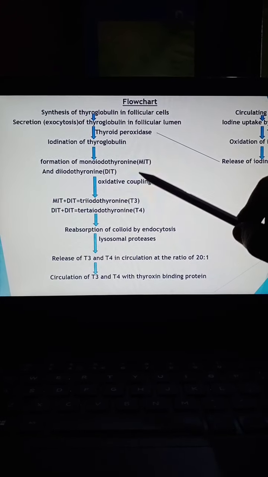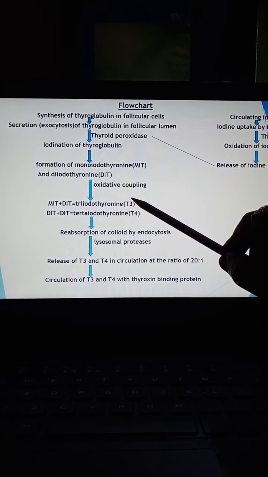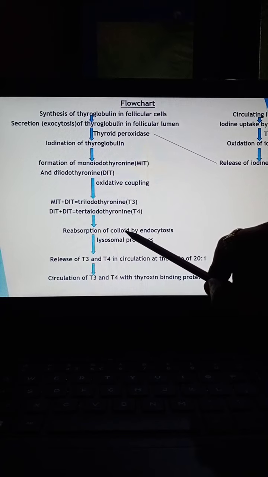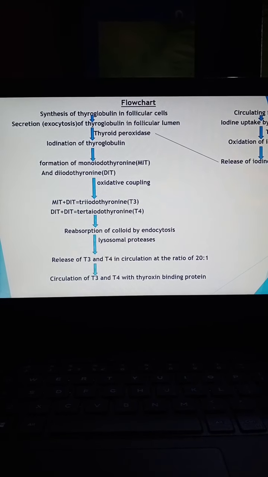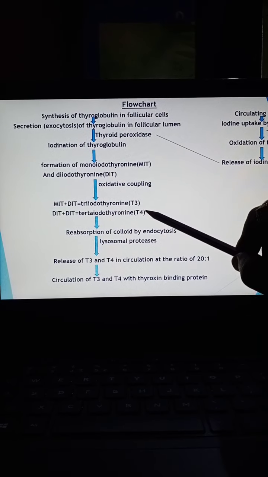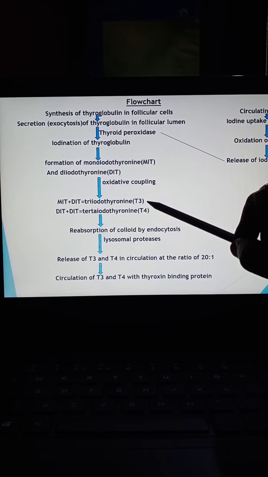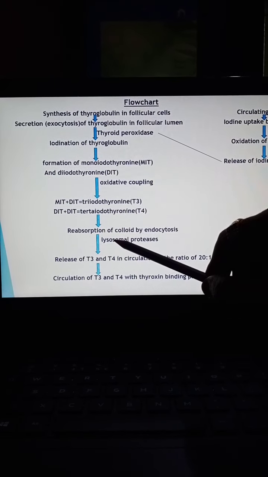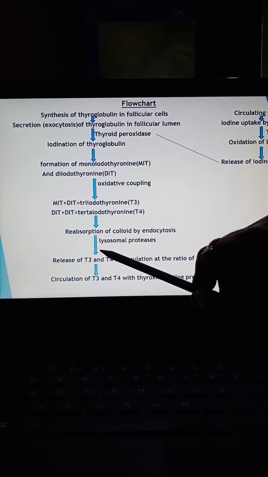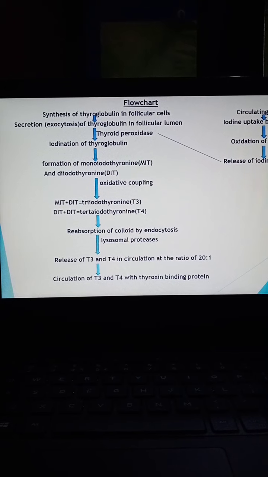When T3 and T4 are produced in the follicular cavity in the colloid, there is a reabsorption of this colloid by the same follicular cells, and that is by endocytosis.